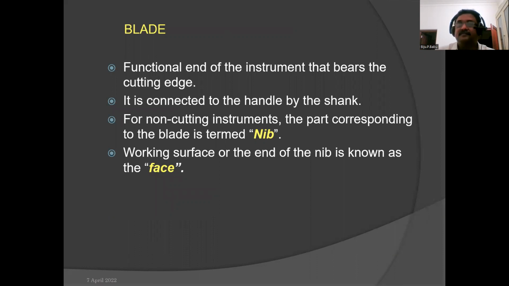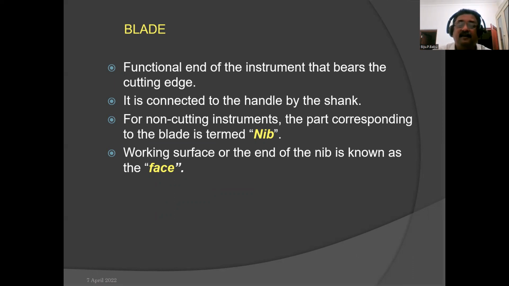Now, the next portion is the blade of the instrument. It is the functional end of the instrument that bears the cutting edge. It is connected to the handle by the shank. For a non-cutting instrument, the part corresponding to the blade is called the nib. As I told you earlier, if the blade has a cutting end, it's called the cutting edge of the blade.